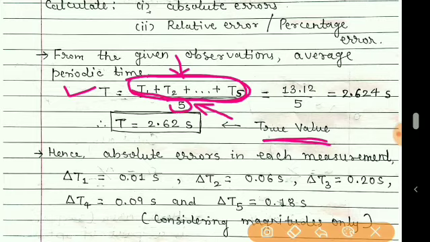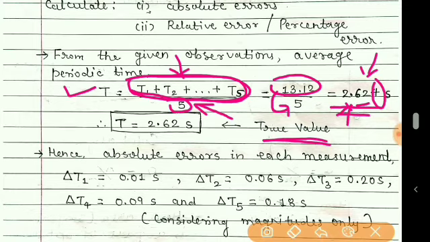Now you can easily add these 5 observations with the help of a calculator. So sit with your rough notebook and calculator. Just check that is it 13.12. If yes, then move forward, and now divide this addition by 5. You will get 2.624. So this is the average value, but generally we don't use the last digit. After the decimal we use only 2 digits. And here is one more reason why we are taking only 2 digits after the decimal.